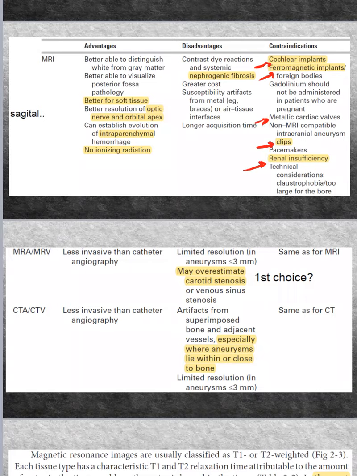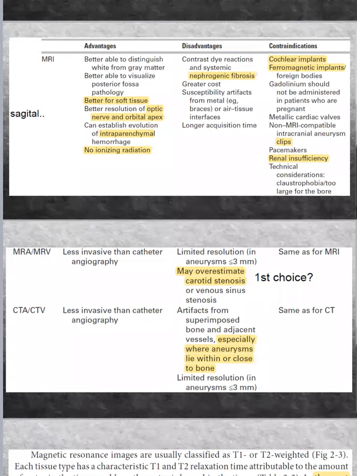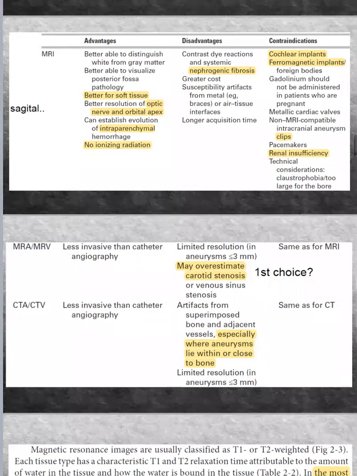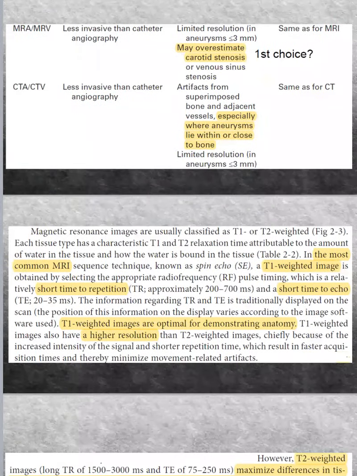So these are all contraindications. I may have technical problems if the patient is too large for the bore. The patient may be too obese to enter this narrow box. And also claustrophobia in cases of closed, not open, MRI.